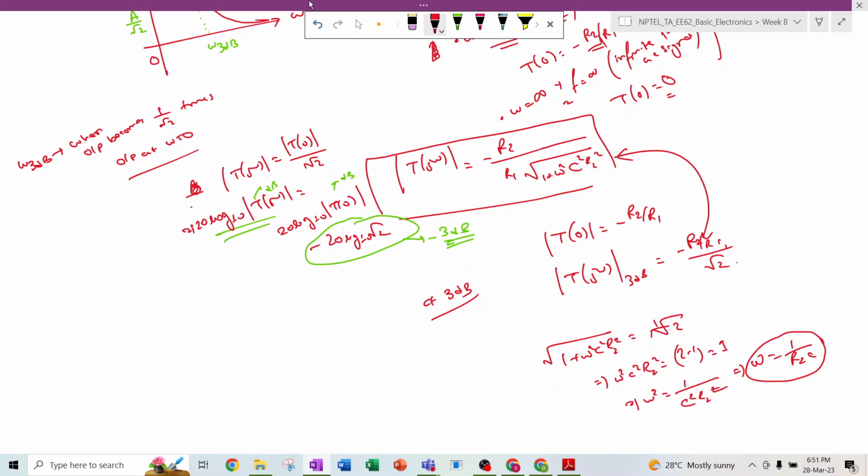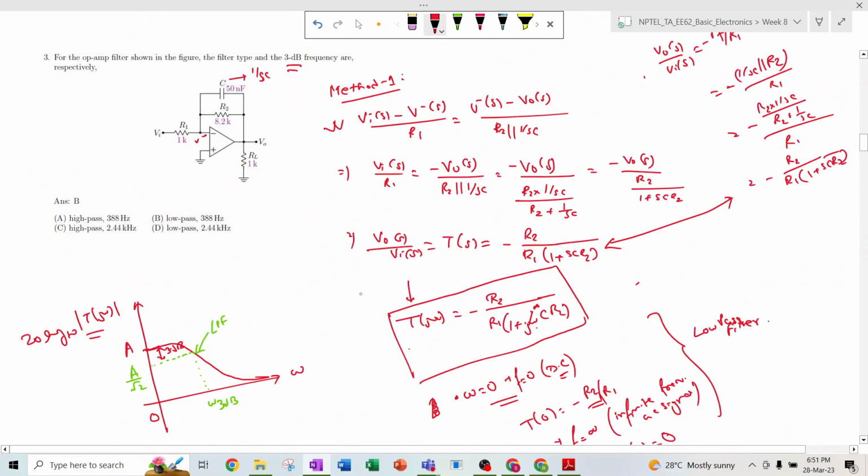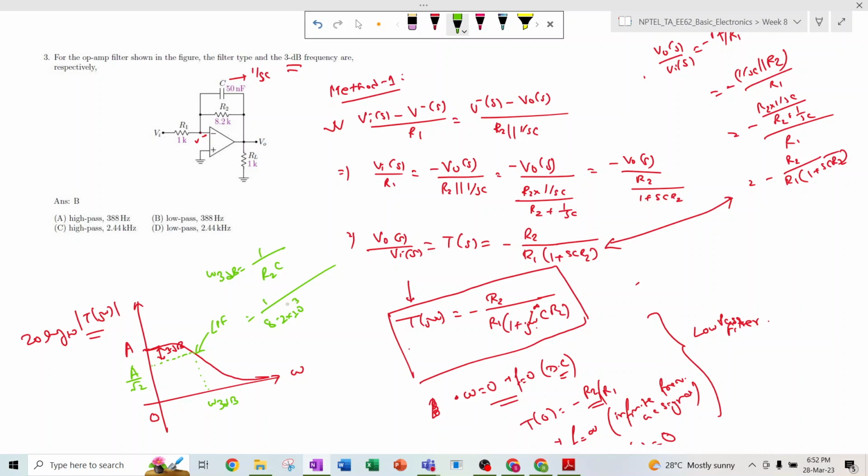Here, this is a low pass filter, and omega 3 dB is 1 divided by R2C. What frequency are they asking? They are asking about f3 dB. f3 dB is equal to 1 divided by R2C into 2 pi, with C equal to 50 nanofarad.